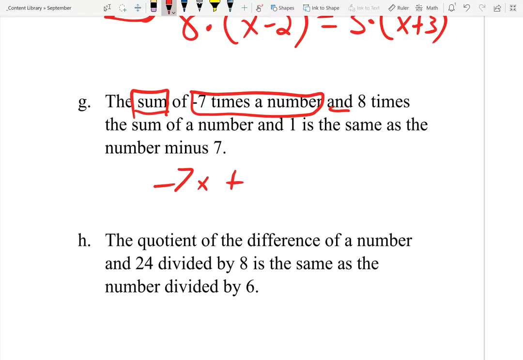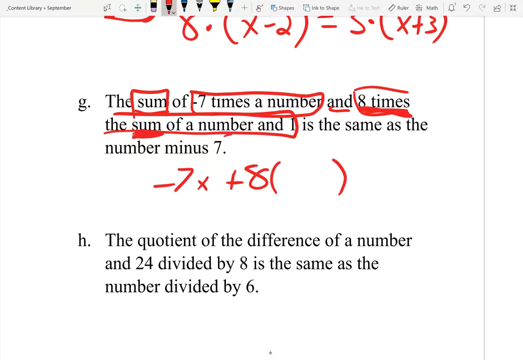And because it's sum, it's adding 8 times the sum of a number and 1. So we have to figure that one out. Again, we're doing 8 times a group because it's 8 times the sum. So it's 8 times a group, the sum of a number and 1. So the group that we're multiplying with 8 is adding a number and 1. So x plus 1.